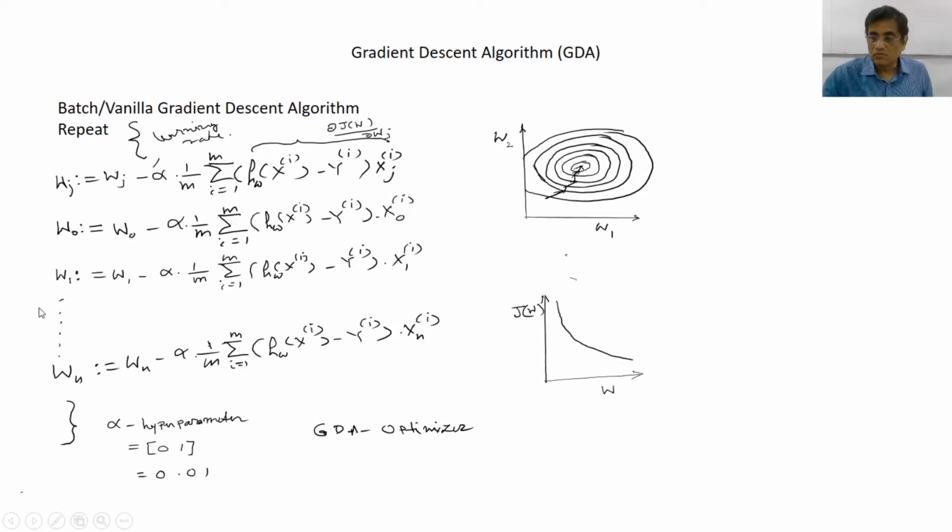So what you are seeing here, say if m is very large, say 40 million, and n, the number of features, is also very large, say several thousand, maybe 1,000 or bigger.